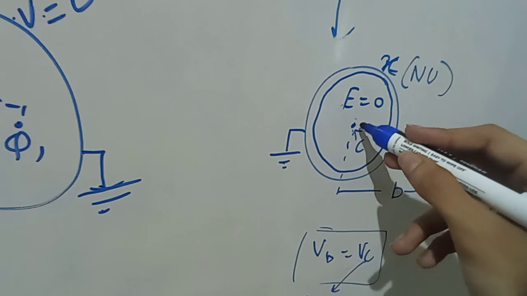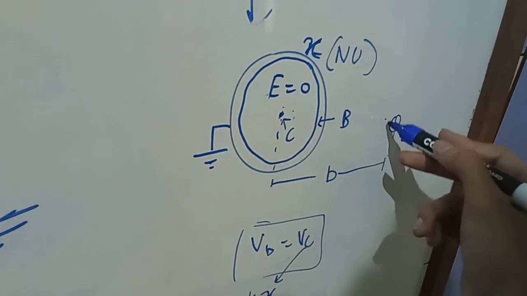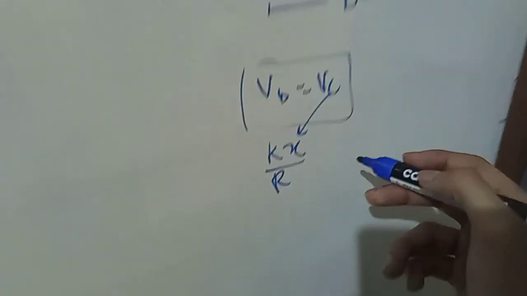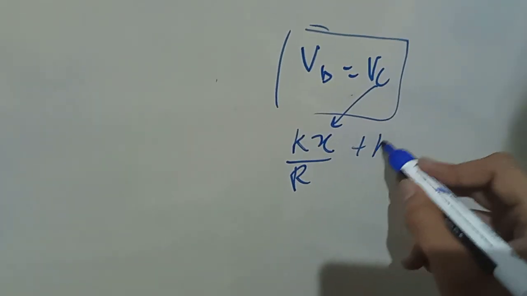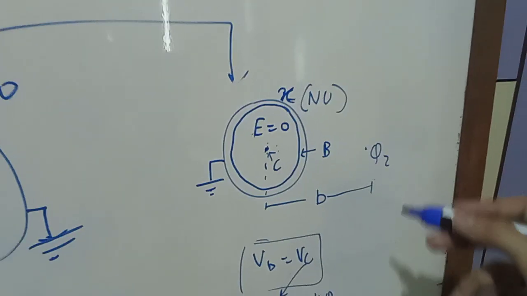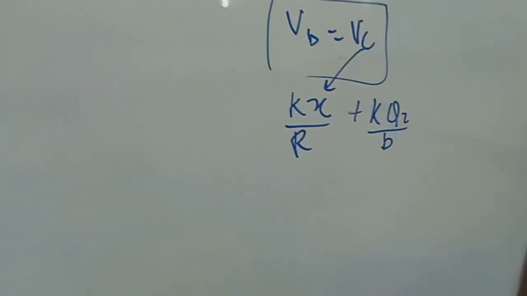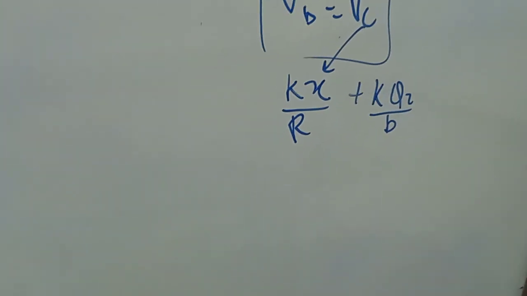It's this, so sort of superposition. We just took x, then using q2 we found at the center that's going to be plus kq2 by b, the distance here being b. Alright, that's V at C.